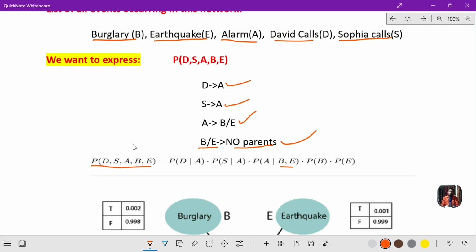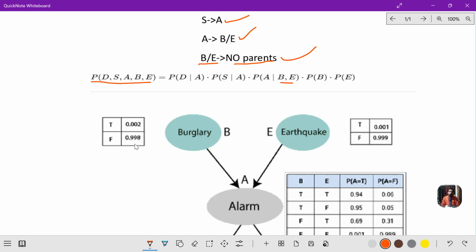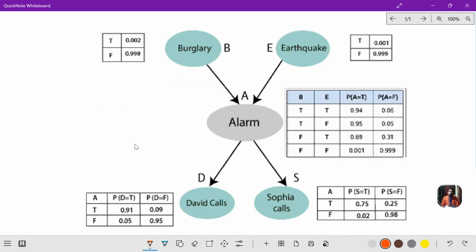Okay. Now in order to understand in a better way, I will show one more example on the screen, one of the most important diagrams for this Bayesian network. In this diagram, we have completely 5 random variables.